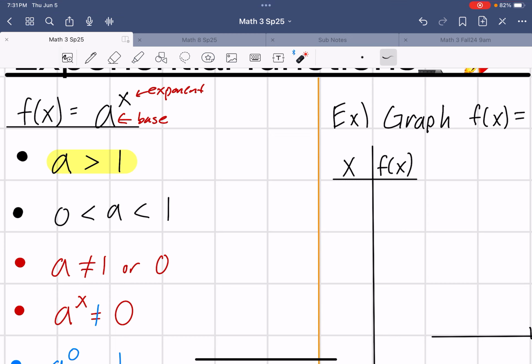So in other words, f of x will never be able to be 0. That means our y is not going to be able to equal 0. Let me make a quick note. This is saying that y is not going to be able to equal 0. By y, we mean f of x.